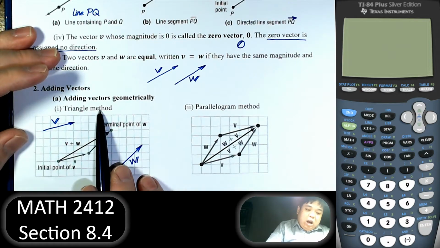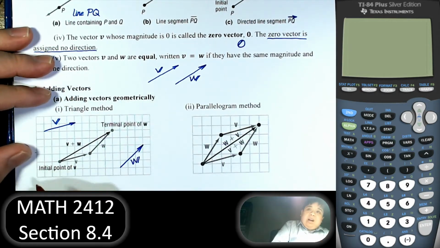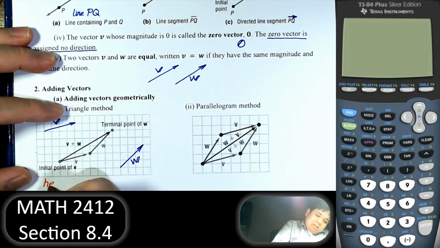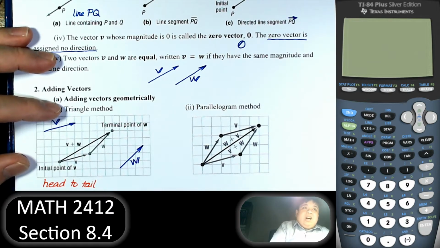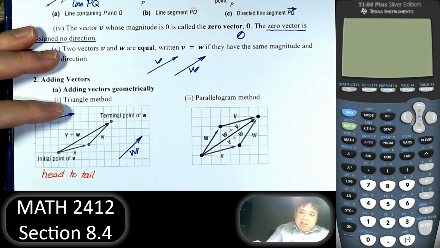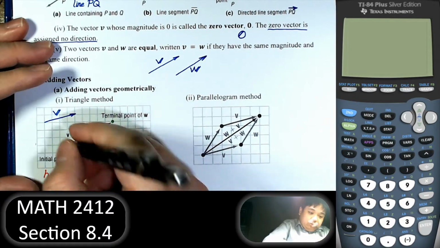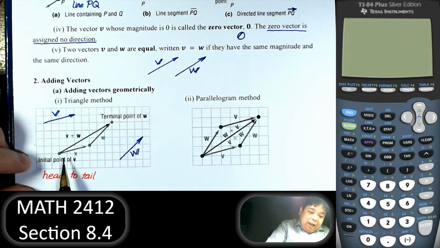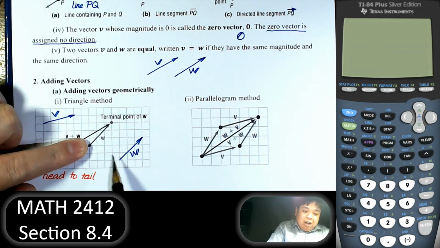In the triangle method, we sometimes refer to it as head to tail, or sometimes heel to toe. So think about this. We move the vector anywhere we want to. We move it here, and the head of the first vector will be the tail of the second vector.